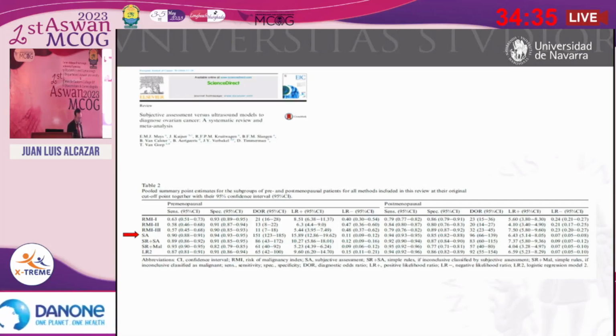There is no comparison today of the ADNEX with simple rules or the ADNEX model with pattern recognition. There is work in progress on those comparisons, but today we can't say if the ADNEX model is better than simple rules or not, or if it is better than subjective impression by an expert examiner or not.